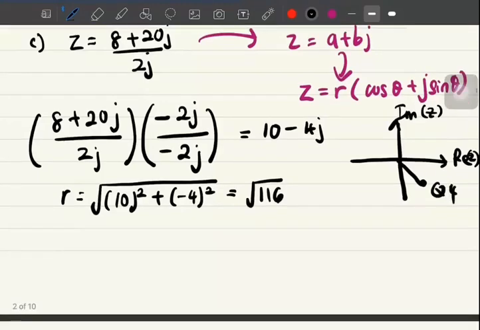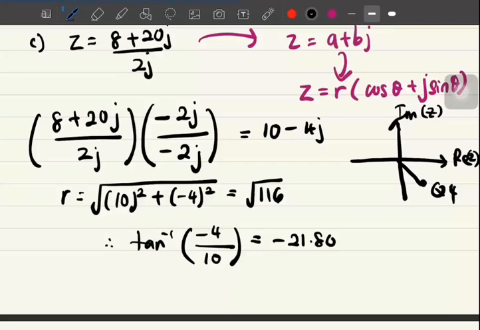Therefore, tangent inverse of b over a, so negative 4 over 10, is equal to negative 21.80 degrees. So how do we get the actual angle? This is not yet your actual angle because this is the reference angle. Your actual angle, because it is in the fourth quadrant, is 360 minus 21.80.